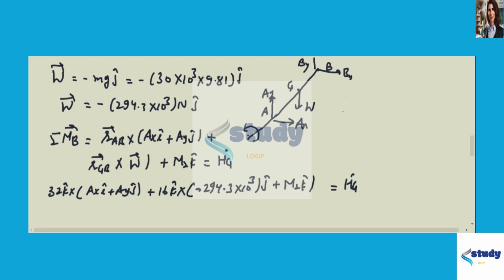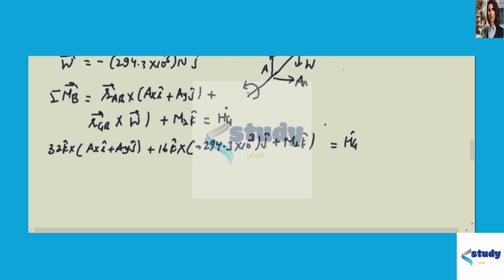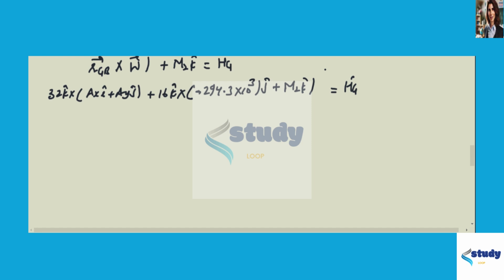Taking the cross product of the left hand side and simplifying, you may write minus 32 AY plus 4.7088 10 to the power 6 I cap plus 32 AX j cap plus M2 k cap is equal to the rate of change of angular momentum, and the rate of change of angular momentum we have already calculated.